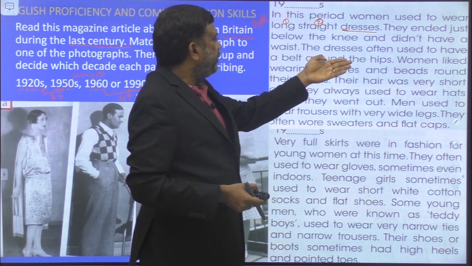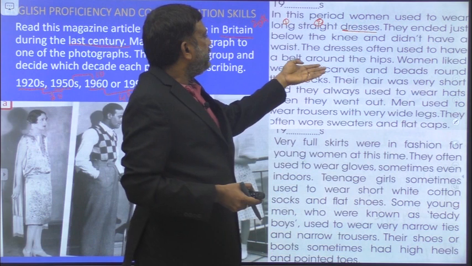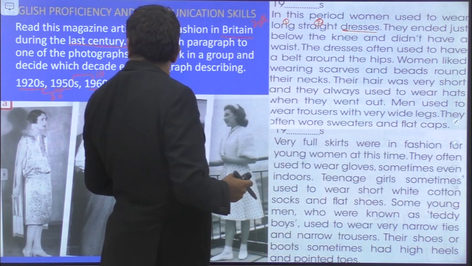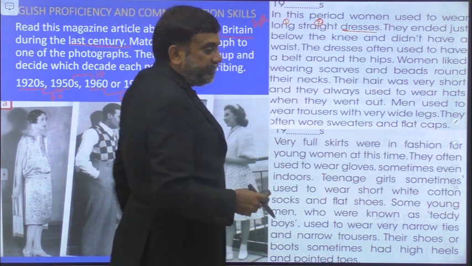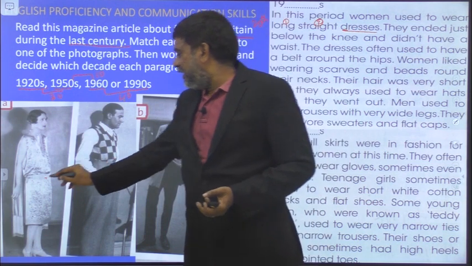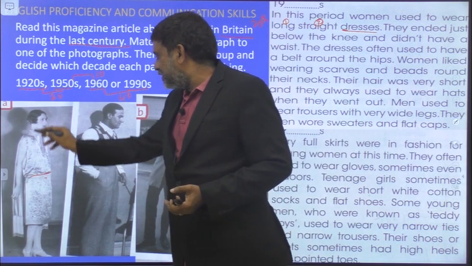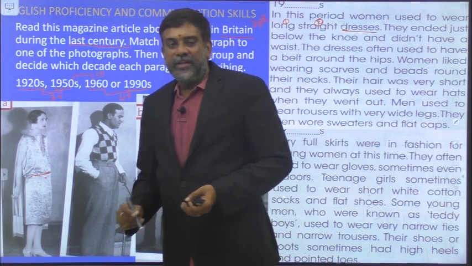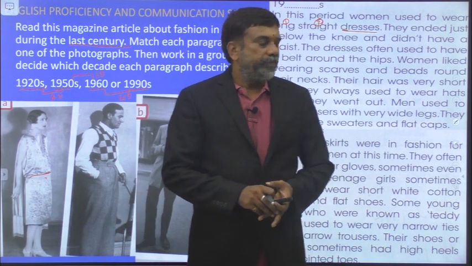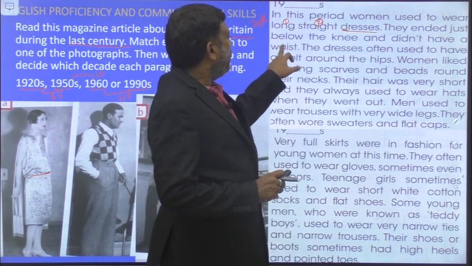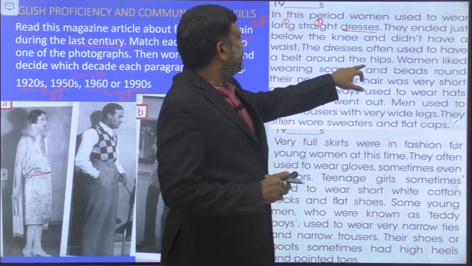The dresses often used to have a belt around the hips. So in this photograph, we have seen she has a belt, a very long dress, and it crosses the knee. So here, used to have a belt around the hips.